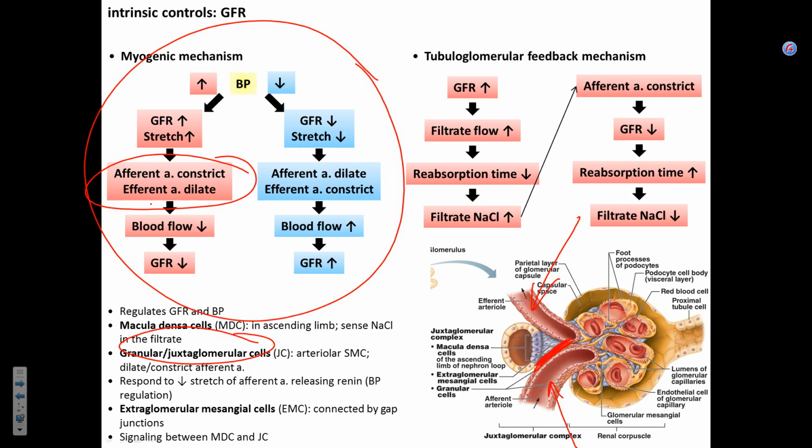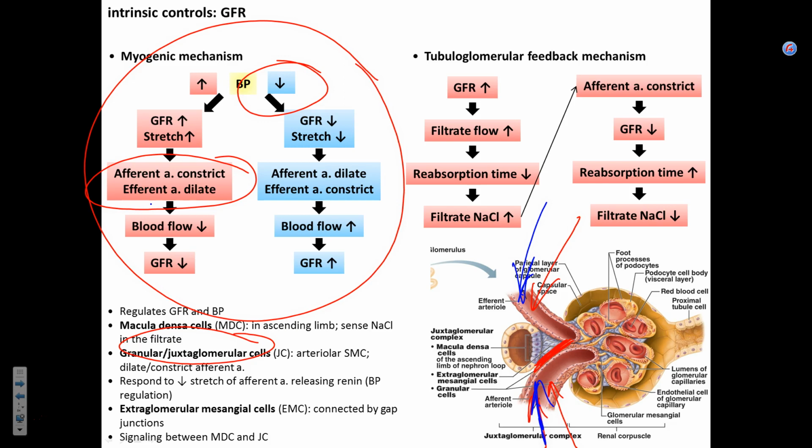Does that make sense? Now, if pressure is too low, stretch is low, you dilate afferent arterioles. You dilate afferent arterioles. And you further constrict efferent arterioles. So essentially, you're turning up the faucet and you keep sticking something into the drain.